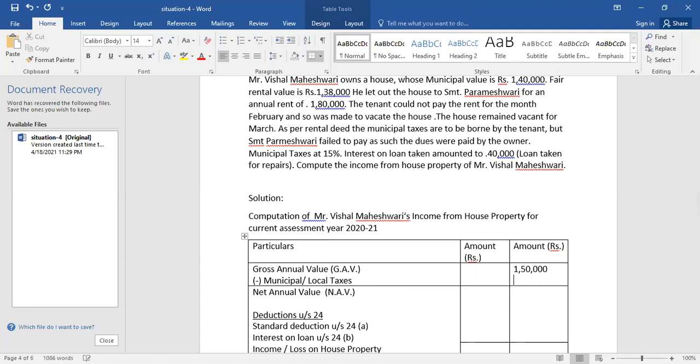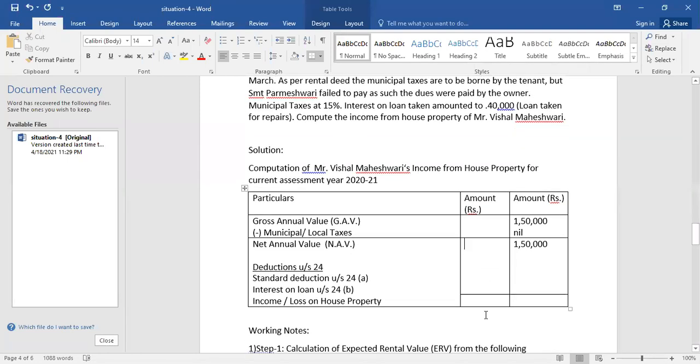Guys, should we deduct or not? Quickly. No, sir. We should not deduct, because the sum very clearly mentions that if as per the rental deed the tenant has to pay, then you cannot deduct the municipal taxes from GAV, even if they are borne by the owner. So now NAV has become 1,50,000.